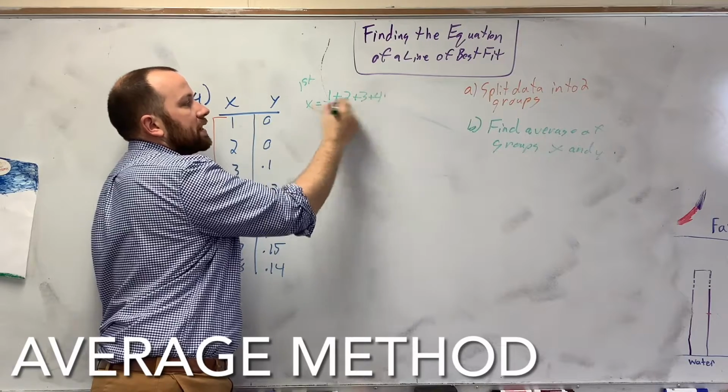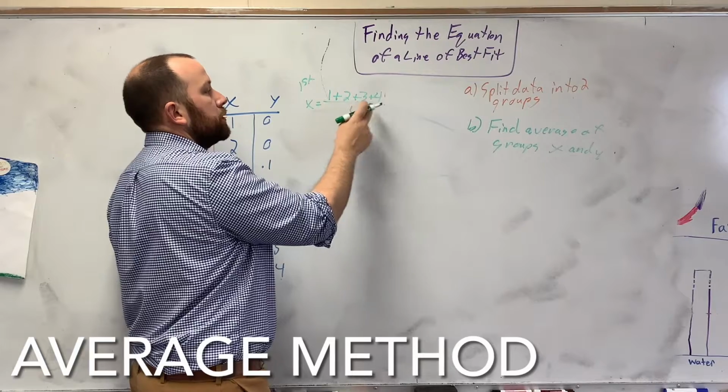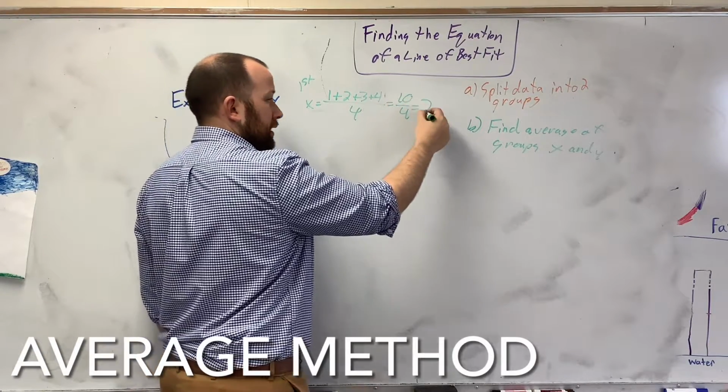I add all the X's together, then I divide by how many I have, 4. So 1 plus 2 is 3, 6, so 10 over 4, which is 2.5.